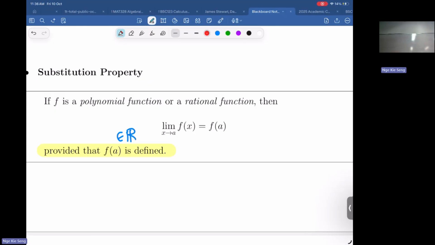If you look at this equation here, this is the continuity condition, right? The limit of f(x) when x goes to a is f(a). So this continuity property helps you to evaluate limits. How to evaluate a limit? You just substitute the x. So that's why we are interested in this kind of continuous function, because the limit is easy to compute.